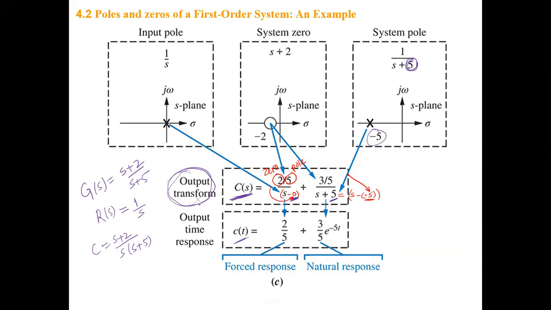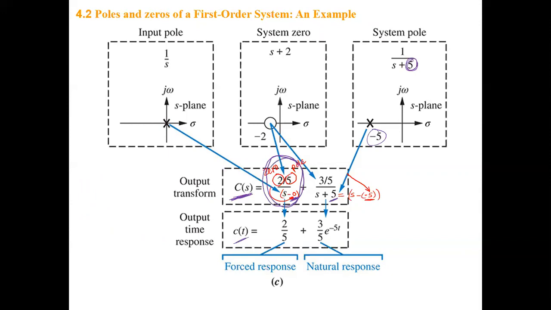Now I see there are 2 kinds of solution here. One is from the input pole, and the other is related to the system pole.